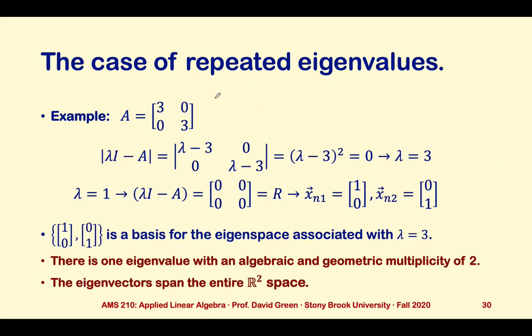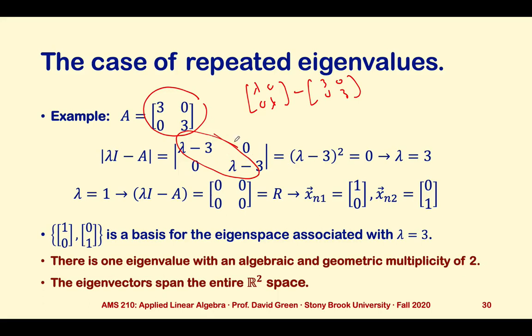If we take another example, let's take this matrix 3, 0, 0, 3. Actually, this happens to be a diagonal matrix. We do the same thing. Lambda, 0, 0, lambda minus 3, 0, 0, 3 gives us lambda minus 3, 0, 0, lambda minus 3.